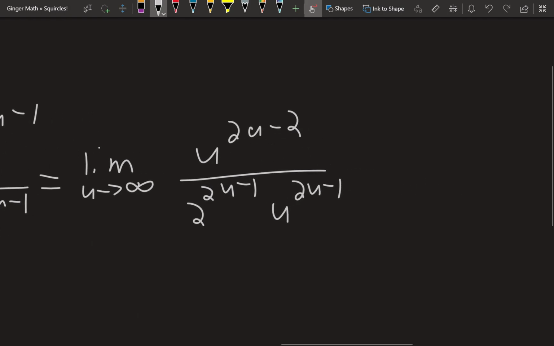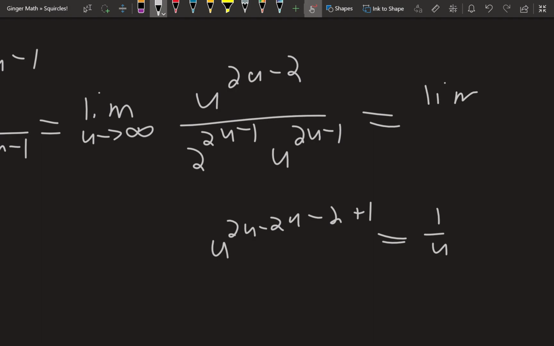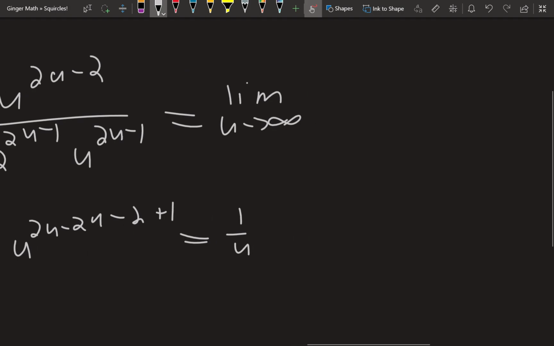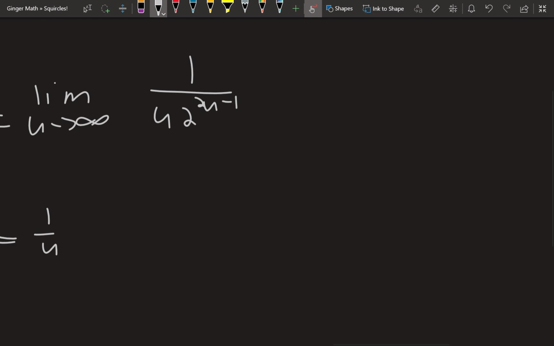Comparing our u terms, we can combine the u's into one u, meaning that our exponent is 2u minus 2 minus (2u minus 1), which is just 1 over u. Our limit reduces to 1 over u to the 2u minus 1, which quite evidently goes to zero, and quite quickly, in fact.